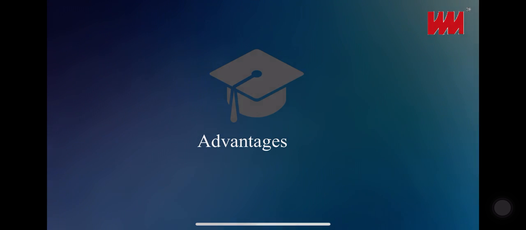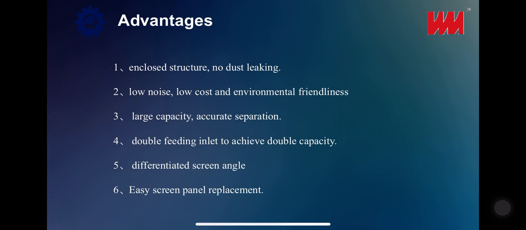For the advantages of the machine, it has an enclosed structure, no dust leaking. It has the advantages of low noise, low cost, and environmental friendliness, large capacity, and accurate separation. It can achieve double feeding inlet to achieve double capacity.